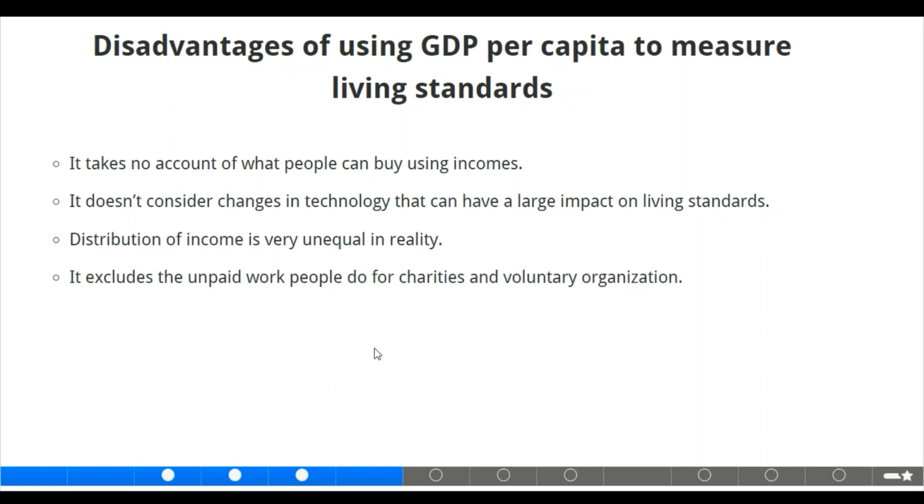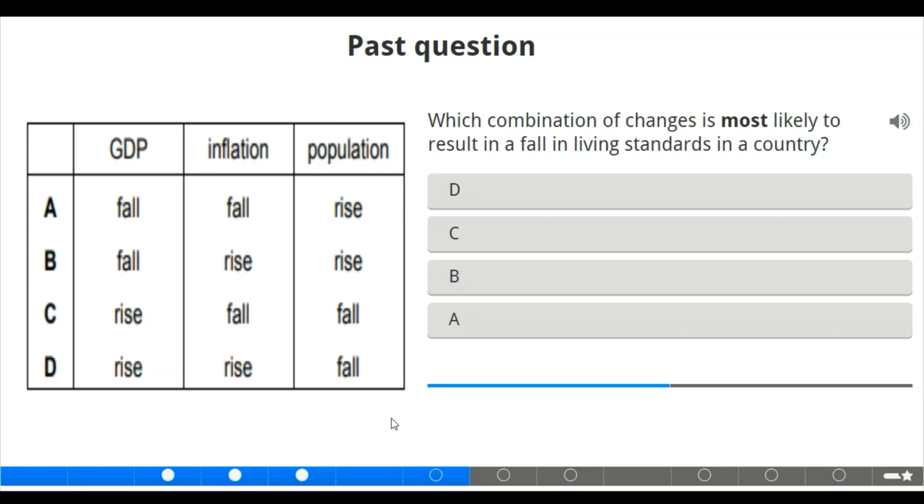Now we also have that distribution of income is very unequal in reality. Of course, GDP per head is not accurate most of the time, and it also excludes the unpaid work people do for charities and voluntary organizations, because it only measures the average income per person in an economy. Now we move to the next slide.